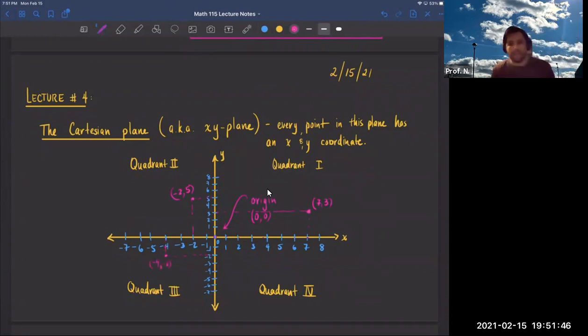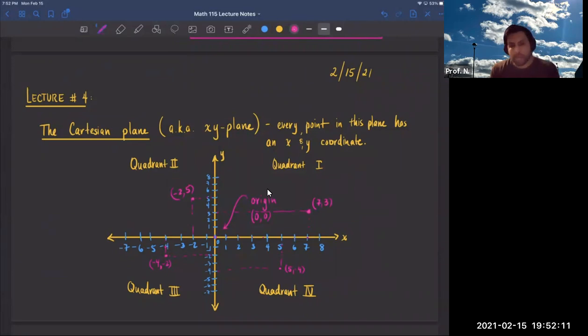So both my x and my y coordinates are negative. And then lastly, if I move into the fourth quadrant and choose a point such as this one here, this would be 5, -4. In the fourth quadrant, my x coordinate is positive and my y coordinate is negative.